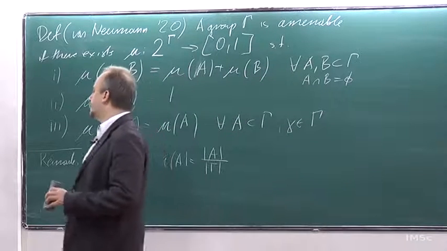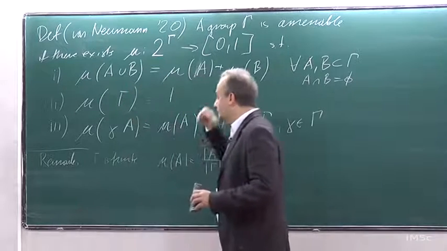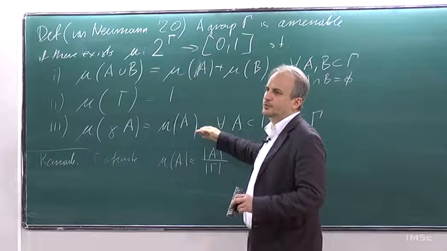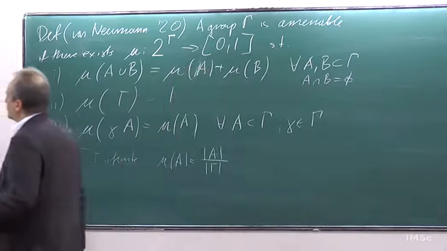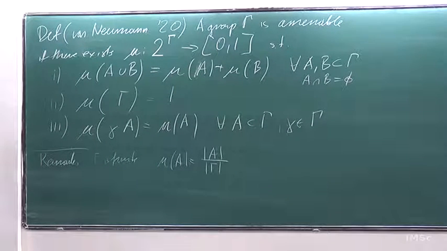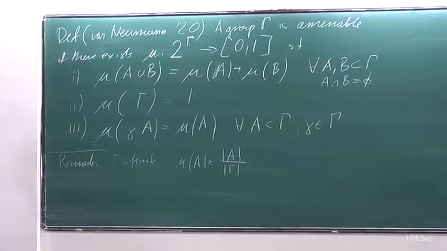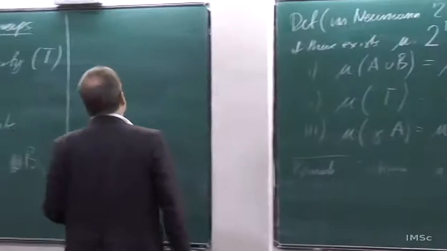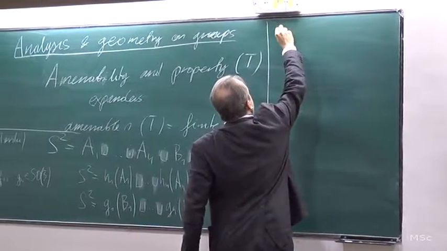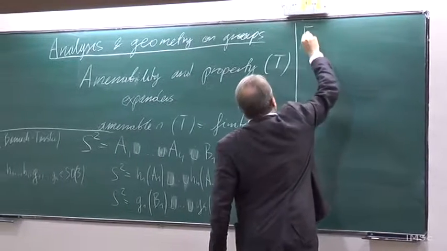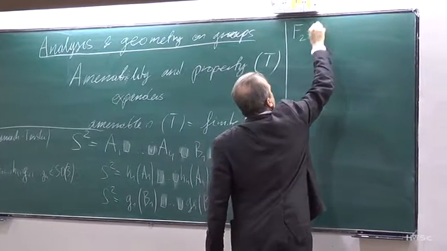So the first thing, maybe we're going to see an example of a group which is not amenable, and which is closely related to this decomposition of the sphere. So we'll consider a free group of rank 2, F2.